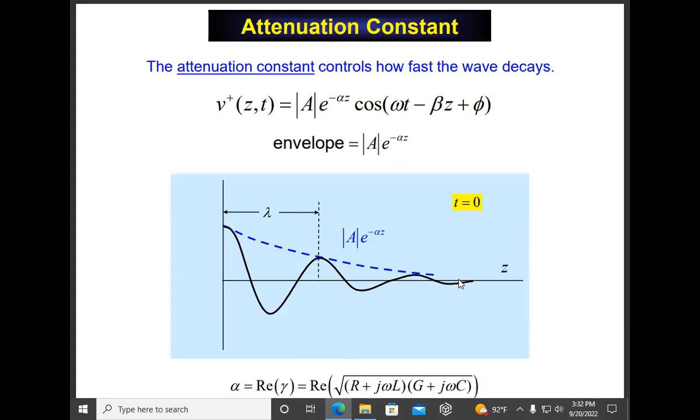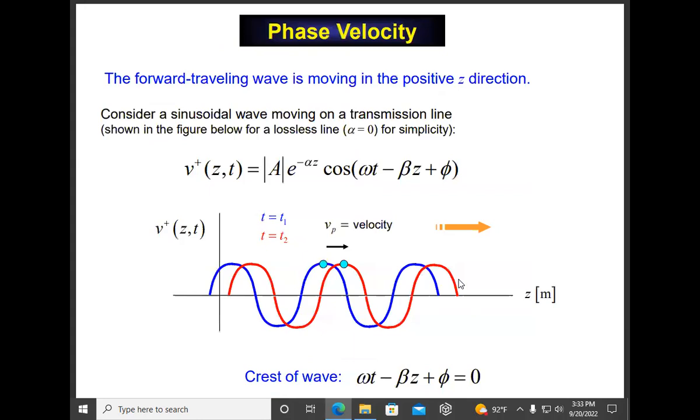Now I'll say a bit more about it when I talk about dB a bit later, but for now, let me move on. Another thing that's important is how fast this sinusoidal wave is moving on the line. For a lossless line, the conclusion is always that the signal just travels at the speed of light, what we call c_D. But this could be a lossy line.